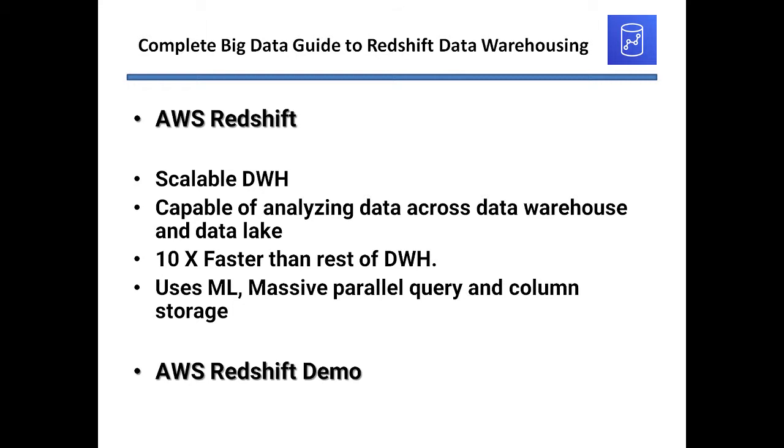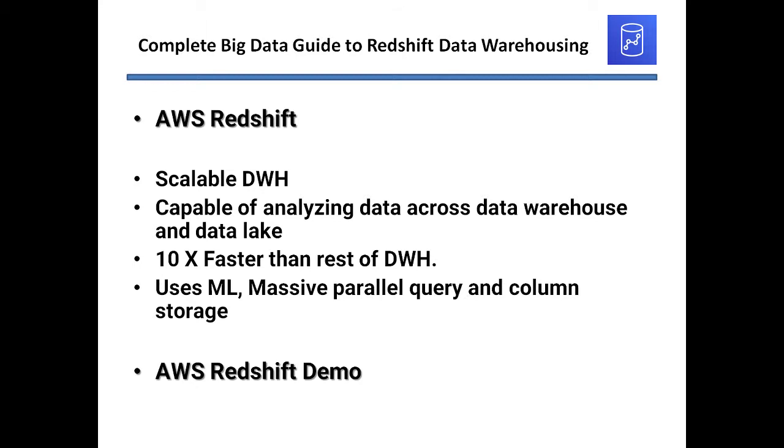It is seamlessly easy to analyze your data. It is 10 times faster than the rest of the data warehouses because it uses machine learning, massive parallel query and columnar storage methodology.